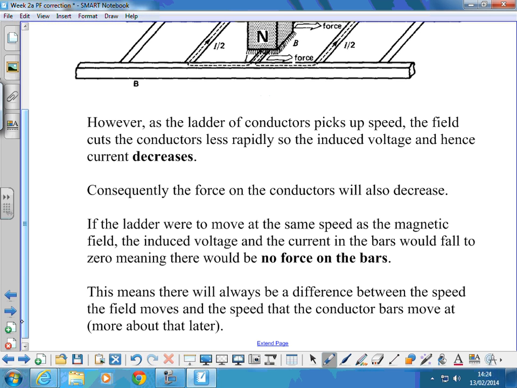Joe? Slip speed. Yeah, so once we're in the motor actually going round and how it goes round, we'll talk about slip. But there's always a difference between what's called synchronous speed and actual speed of the motor, and that is what the slip is.